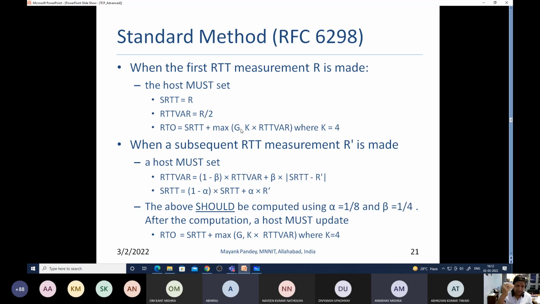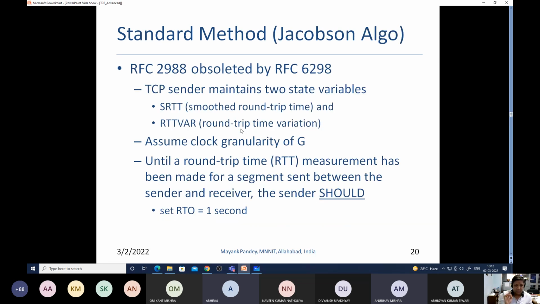So if I take this equation again of RFC 6298, starting is two variables, smoothed RTT, the way we have seen, and RTT variance, round trip time variation.